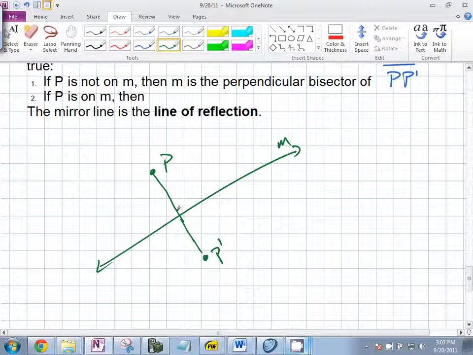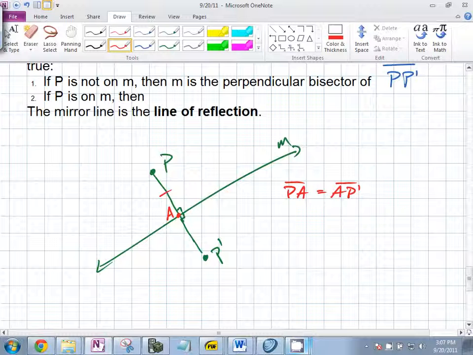And if this point is A right here, not only does it have to be 90 degrees, what else has to be true? PA has to be equal to P prime A, that's right. So if that's true, line M would be called the line of reflection, exactly.